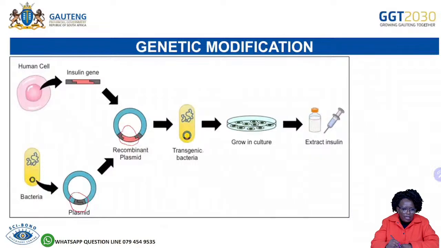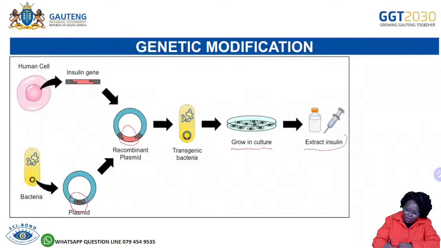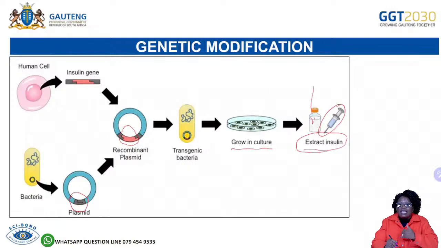We have spoken about transgenic: it's the bacteria that now has a gene from a different species. In this instance, it's coming from humans. Then it's grown in culture, so they culture it and make more, and at the end, extraction of insulin happens. So here is an injection, and people can just draw insulin from the bottle and inject themselves should they have diabetes or blood sugar regulation challenges.